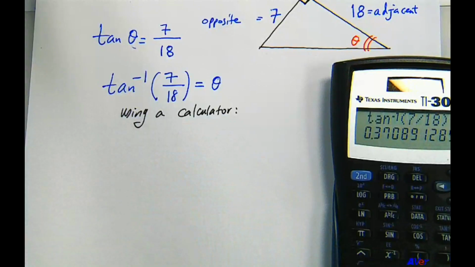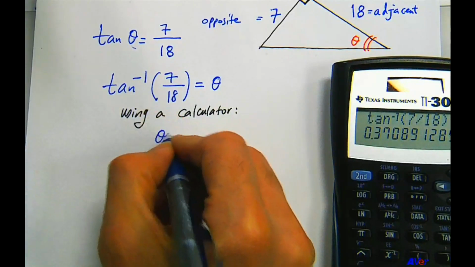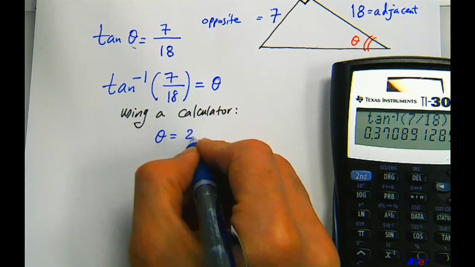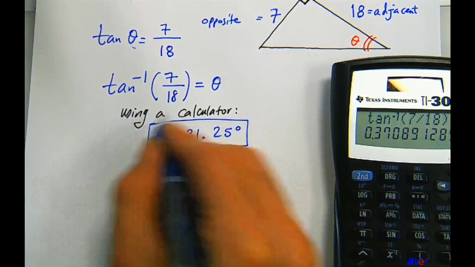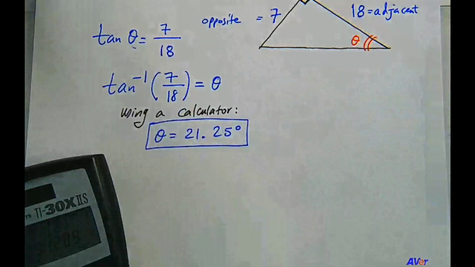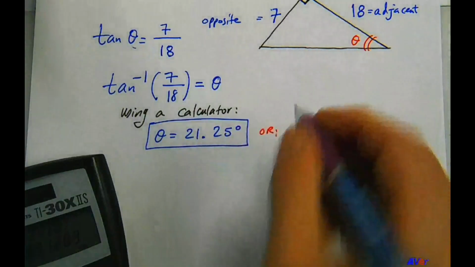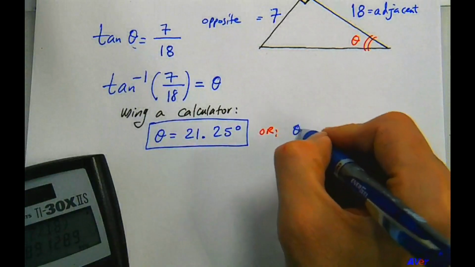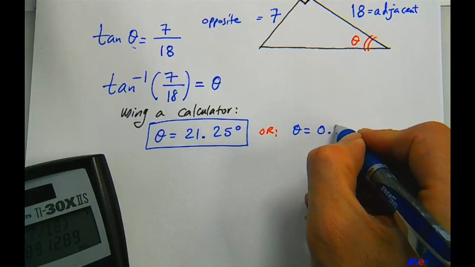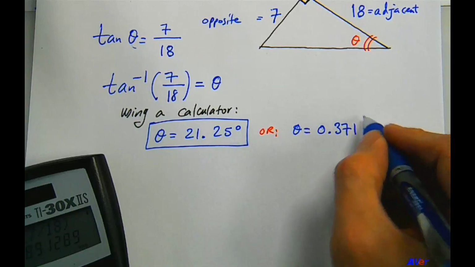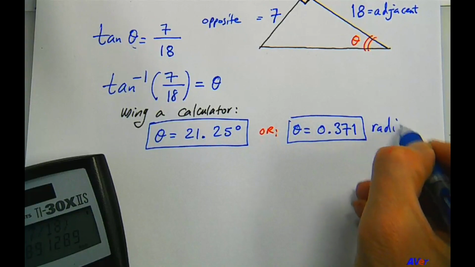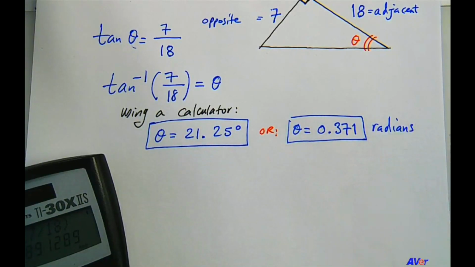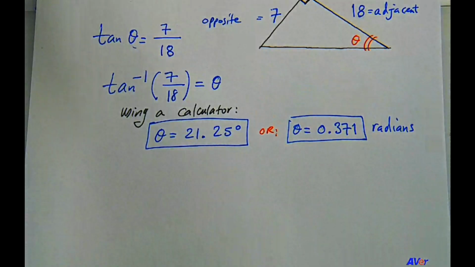So theta is equal to 21.25 degrees. Radians. Okay.